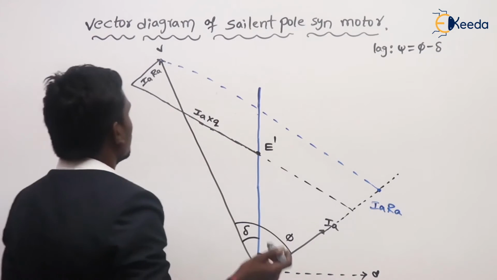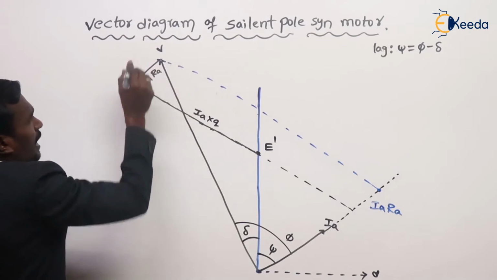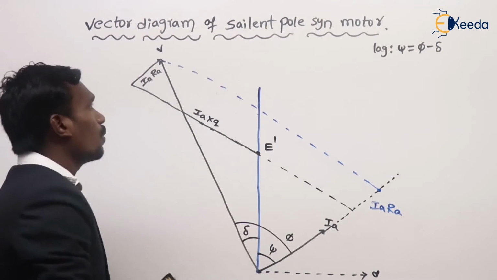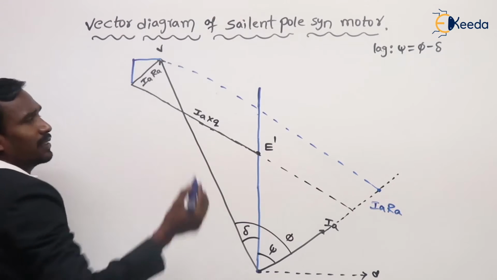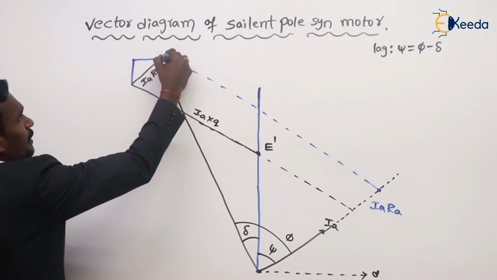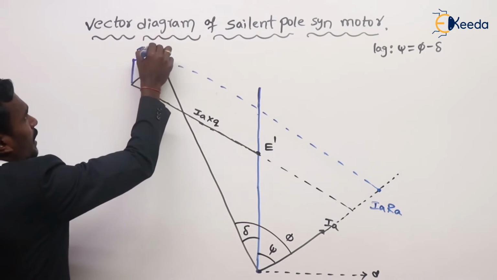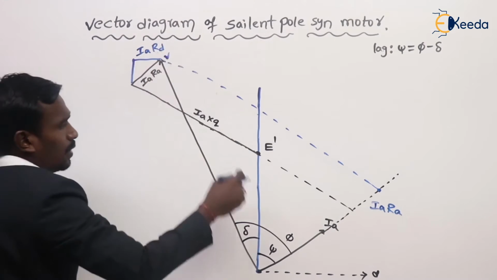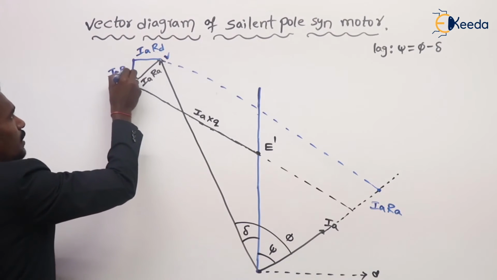Next, if this is IA RA, here we have two components. One component is like this and the other component is like this. This is the D axis, so this is IA RD. This is the Q axis, so this is IA RQ.